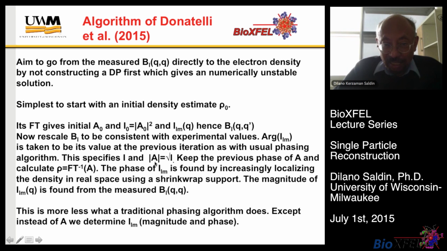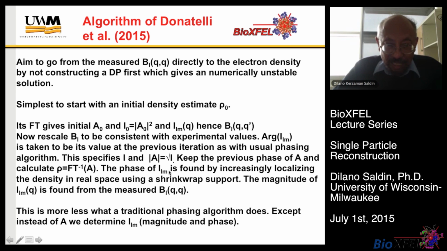So we can get the magnitude of the A's corresponding to the experimental values. Of course, we don't know the phases. So what I suggest is we keep the phases from the previous iteration and calculate the inverse Fourier transform of the A's. This will give us a new electron density.